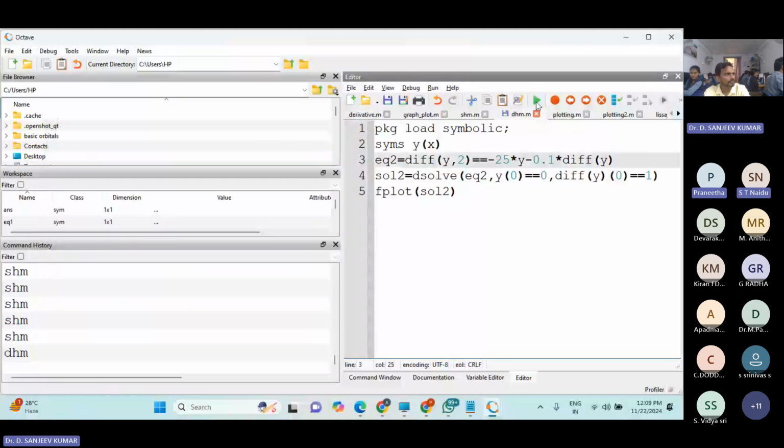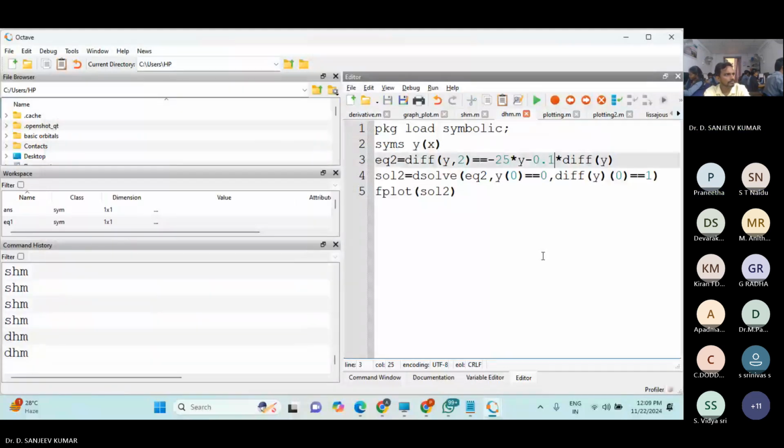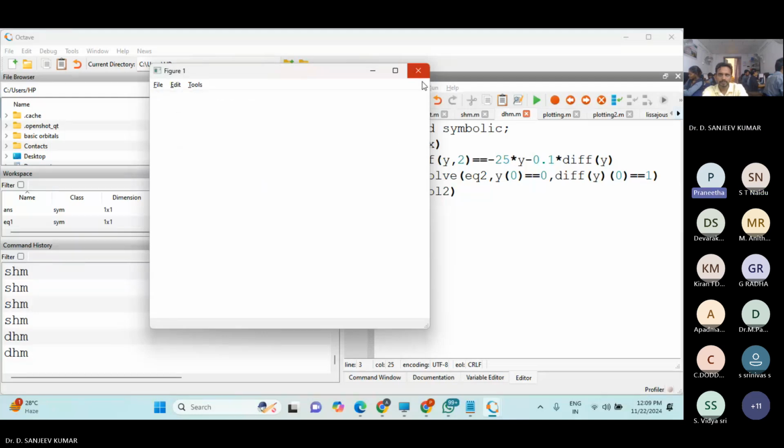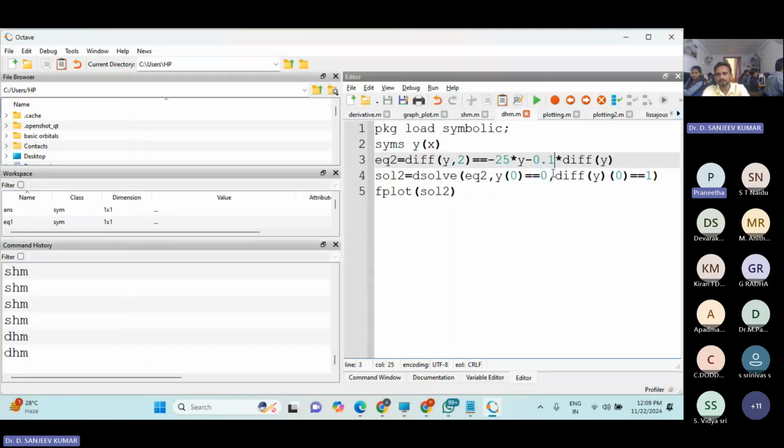Damping is very low. It is almost like oscillatory. The damping factor. So let us try to plot everything in a single graph.